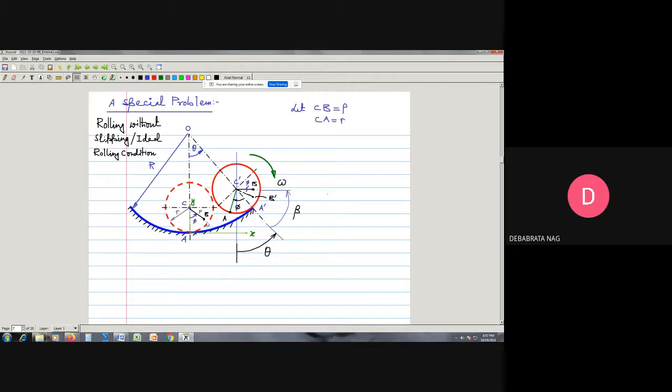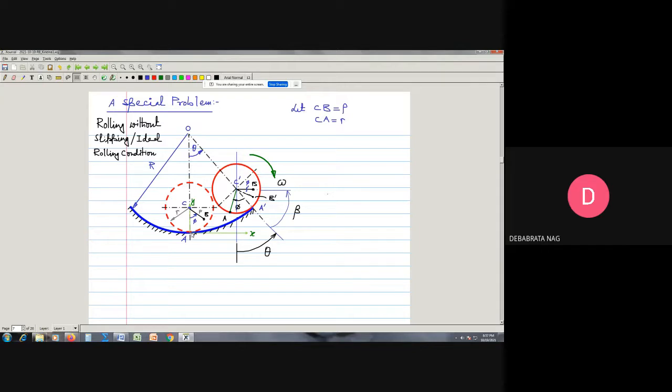The point B is at a distance of rho from the center. That means CB is rho, and it has an angular coordinate with respect to the initial setting line, the line OA, along which we have put our coordinate reference frame as well.